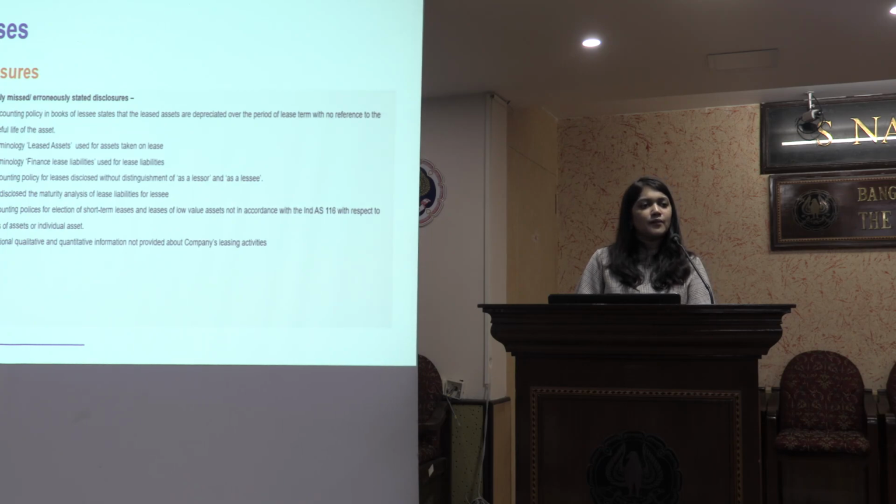Low-value asset, there is no guidance in the standard, there is no amount mentioned in the standard. This amount has to be determined by the company basis their transactions, basis their materiality, and it needs to be disclosed in the accounting policies, and the company should not change it from year to year. It should be applied consistently.